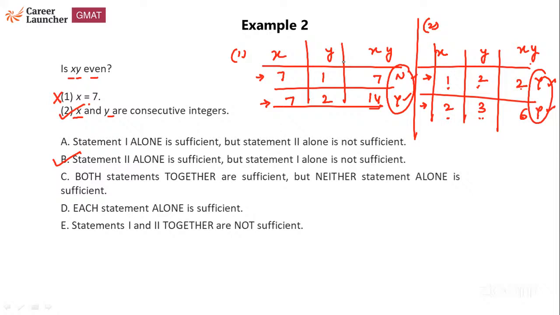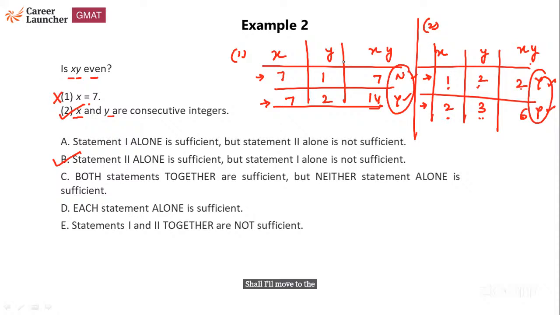Create as many cases as possible, and you will be closer to the correct answer. Clear with this one, how to approach the questions by creating the cases?